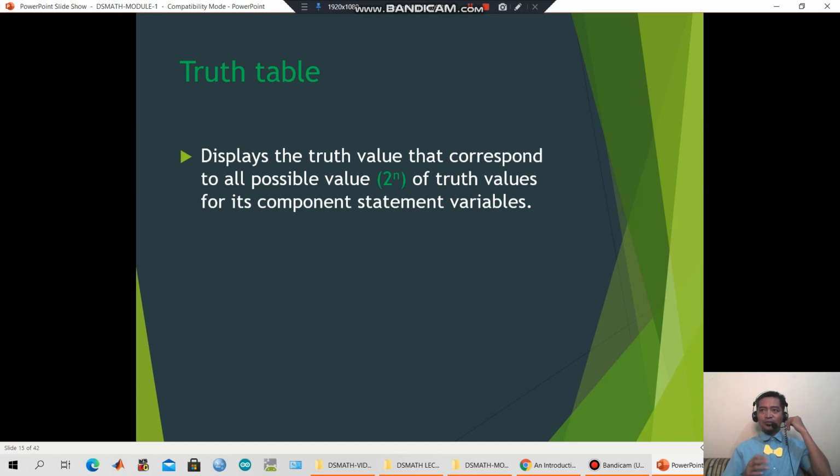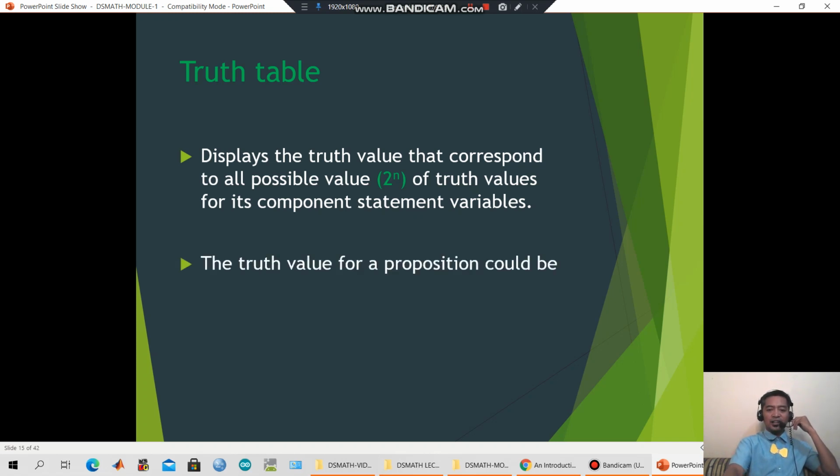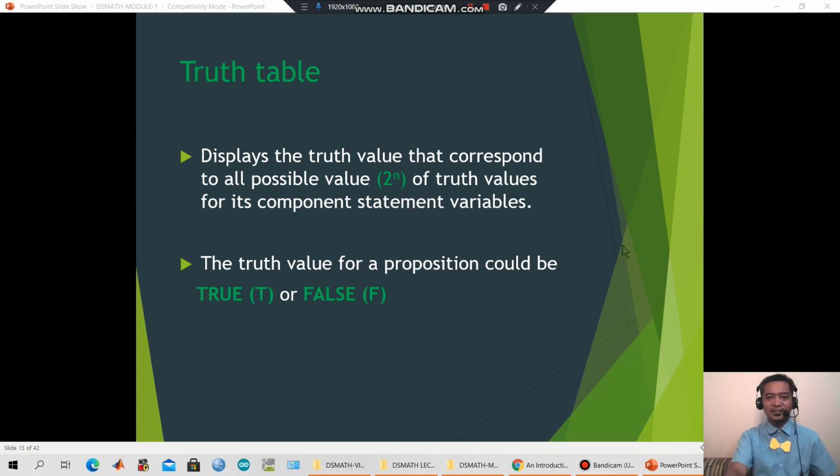So, meaning we have 4 combinations of these 2 input variables of P and Q statements. And of course, hence we have 4 output truth values. So the truth value for a proposition could be true or false. So bilangan yung combination ng truth table natin. Okay? So yan, let's move.